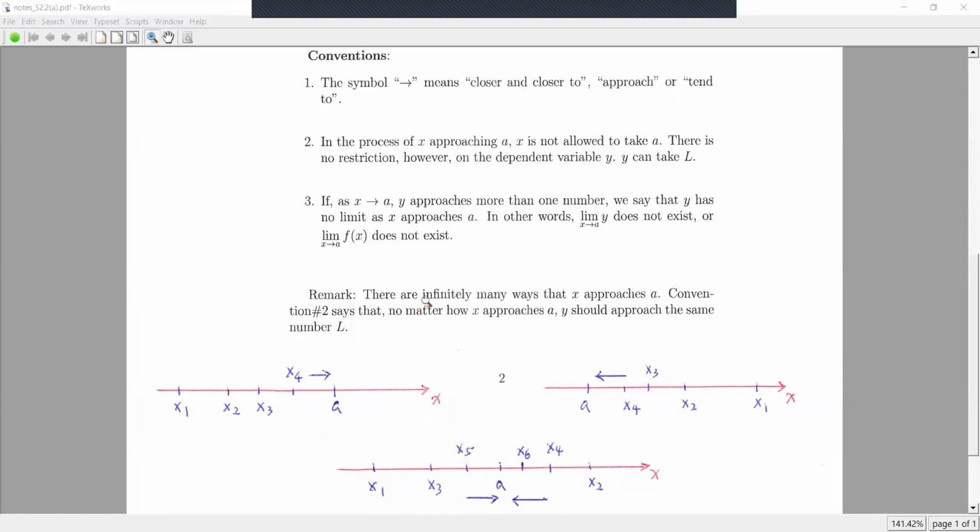So there are infinitely many ways that x can approach the point A. This convention, number 3, here is a typo. Convention number 3 says that no matter how x approaches A, the dependent variable y should approach the same number. If y approaches more than one number, we say that y has no limit.